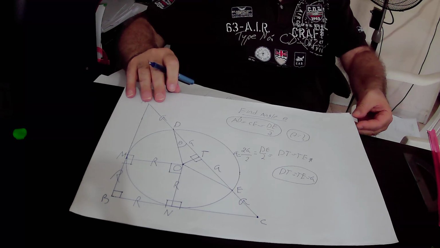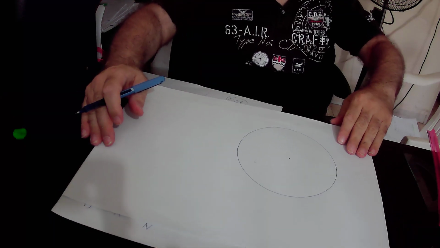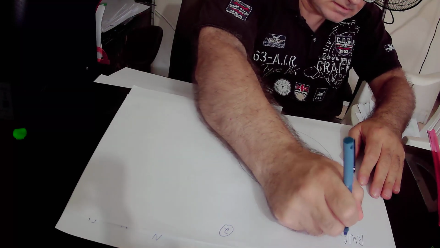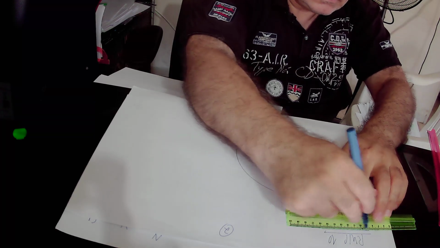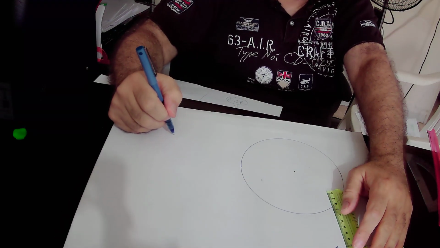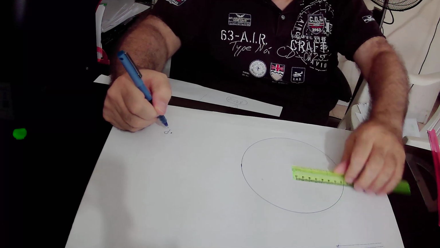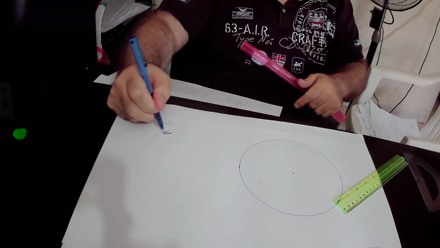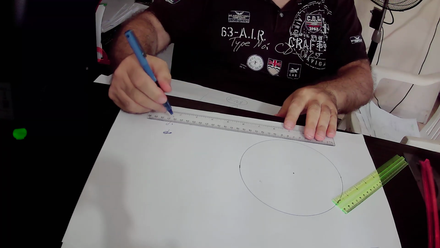According to rule number 10, if we have this circle and we have an external point P, from point P we have a tangent to this circle.